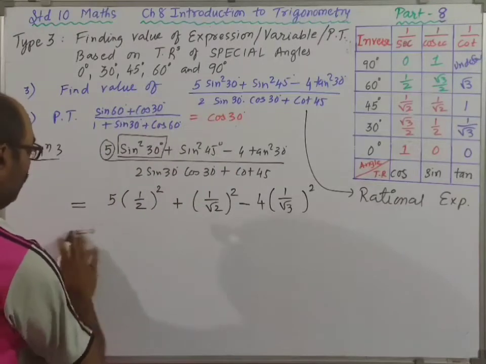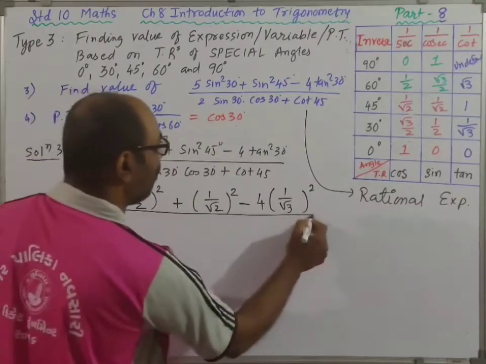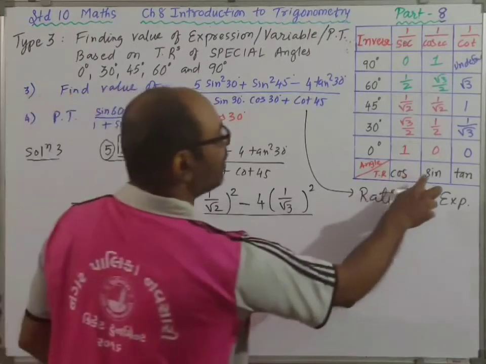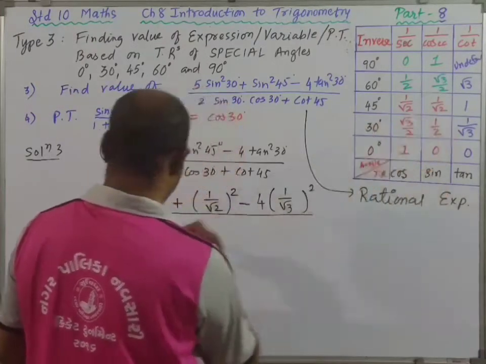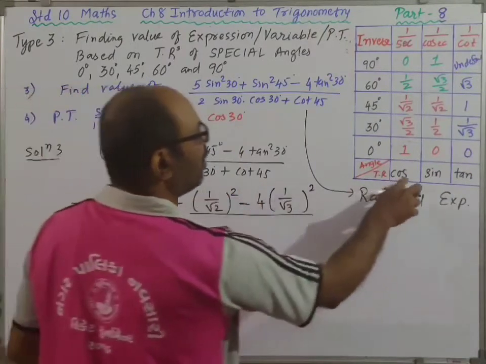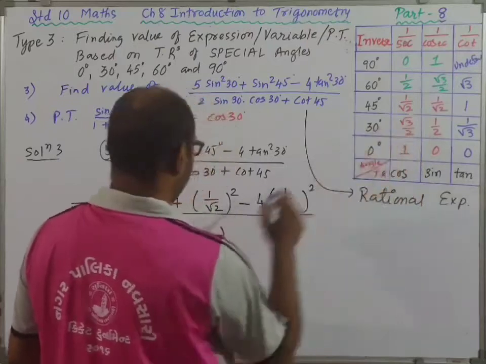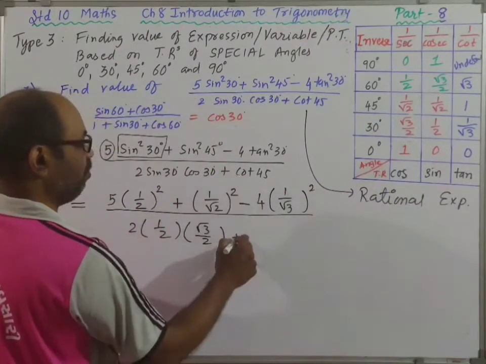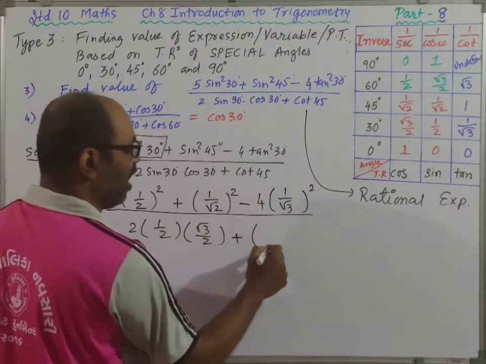That is equal. Sorry. अभी बाकी है, whole upon 2 sine 30. Sine is here, 30 is here, 1 upon 2 into cos 30, cos is here, 30 is here, root 3 by 2 plus cot 45.